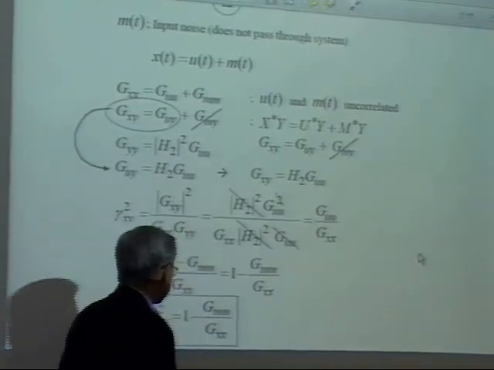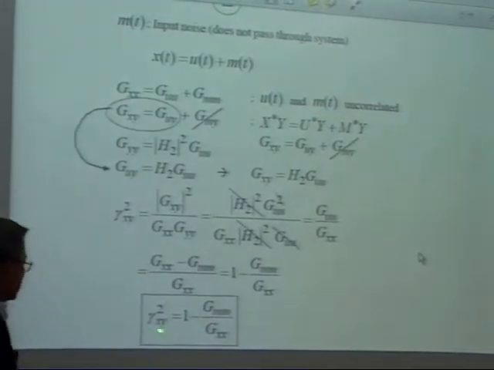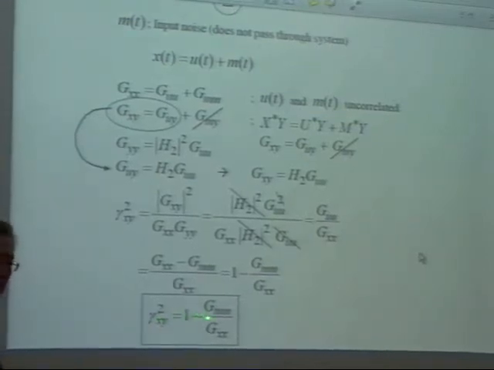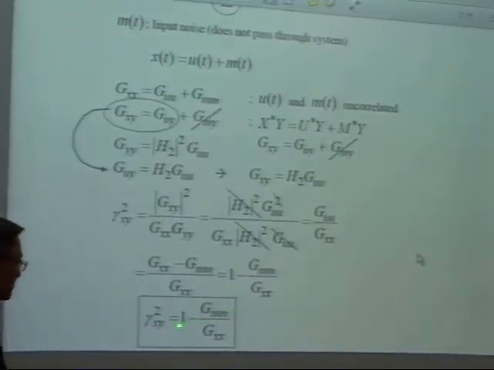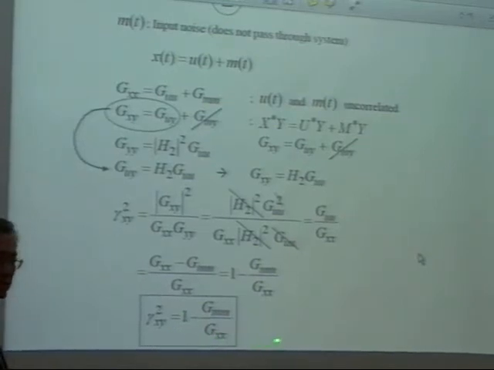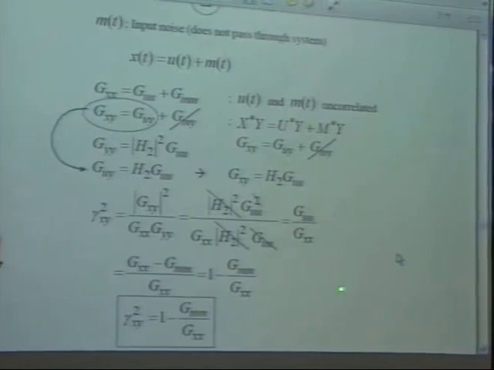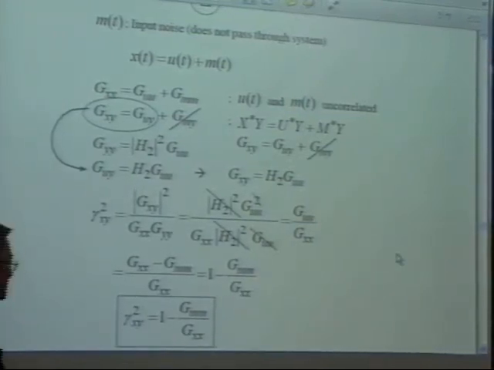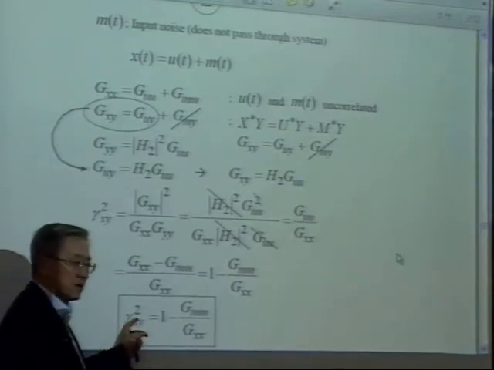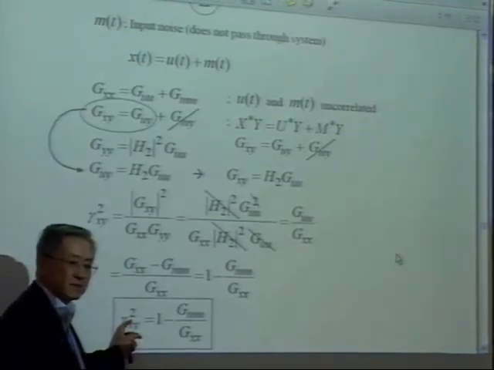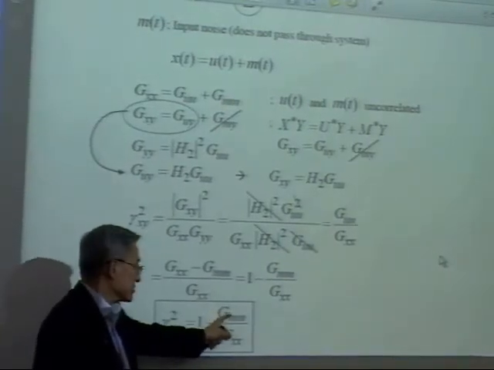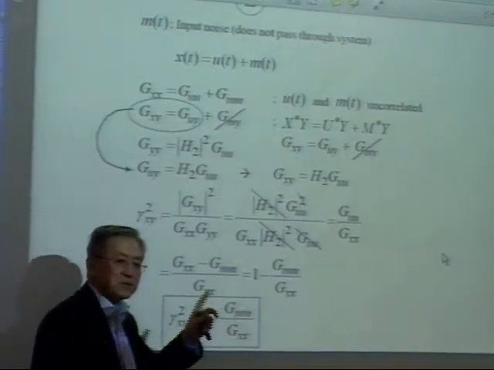Gamma xy squared you can calculate based on the measurable quantities. Gxx is a measurable quantity. Gmm is calculable using the measured and the calculated results. This is in the frequency domain. It's a function of f.